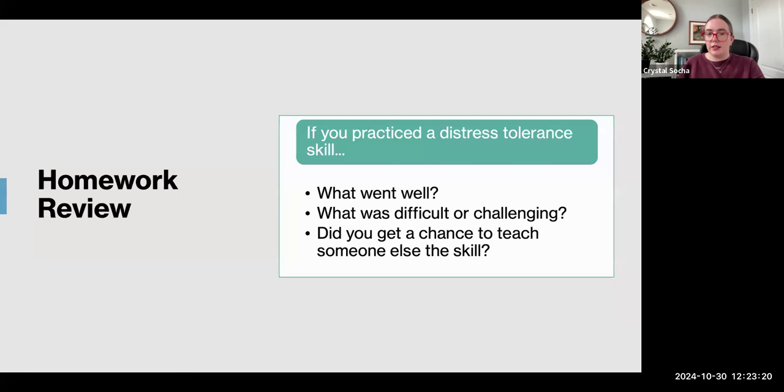It helped refocus. For others that have practiced some of these skills, whether mindfulness or distress tolerance skills, what was that like for you? What went well?